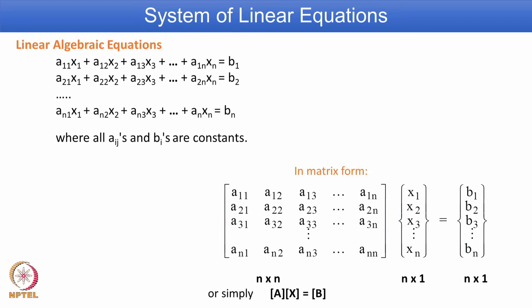Then on the right hand side you have a known column vector b1 to bn. So, the coefficient matrix A has size n by n, the unknown column vector has a size n by 1, and the right hand side B matrix has a size n by 1. In simple form it is written as A x equal to B.